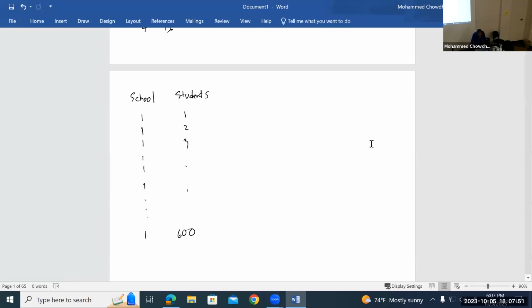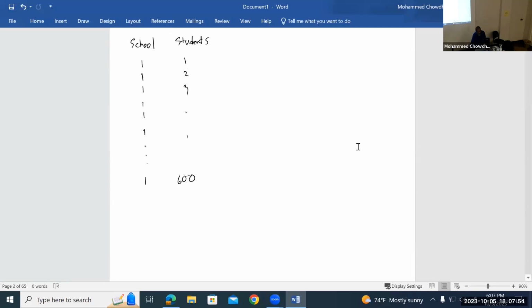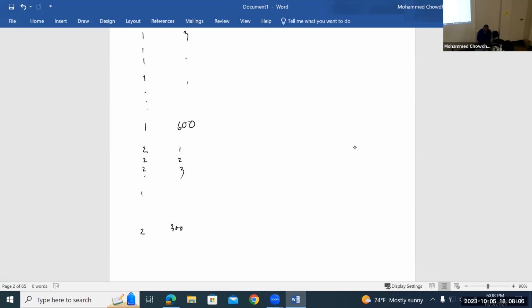And then the practical example that I'm going to show you is going to use school data. So then school 2, suppose here is school 2 that has suppose 1, 2, 3 up to 300 students. So in this way, suppose we have how many schools? 160 schools. And in these 160 schools, altogether 8,000 students.